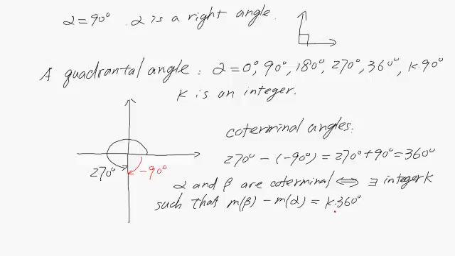So if you have the two angles and you need to tell if they are coterminal, you may just get the difference of their measures to see if this difference is an integral multiple of 360 degrees.